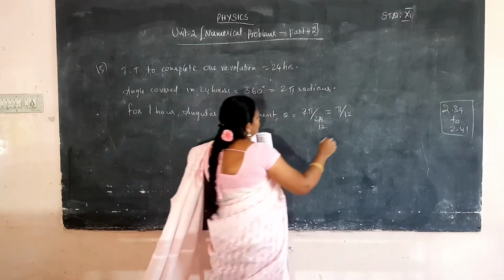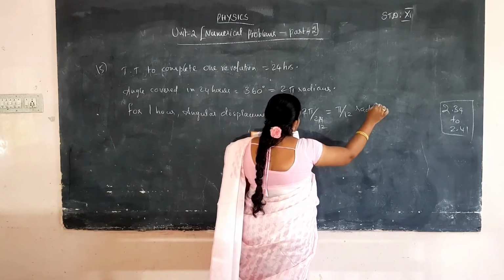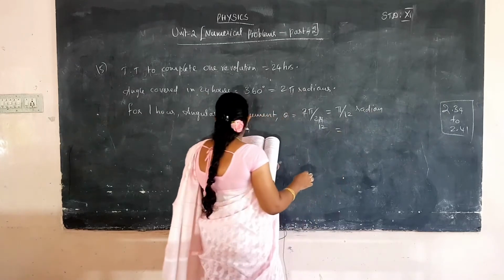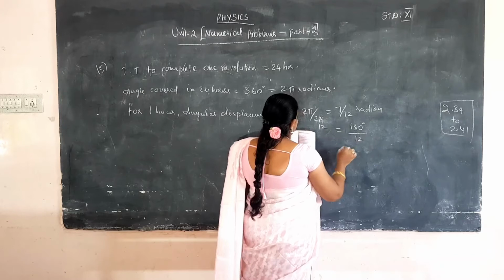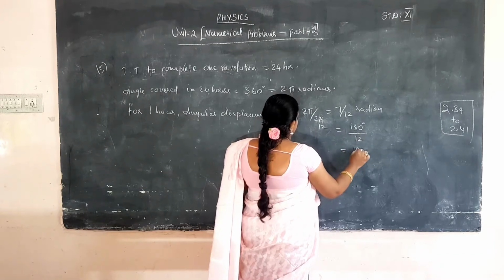So, pi by 12 radian. It is converted into degree by putting 180 degree, 180 by 12, that is 15 degree.